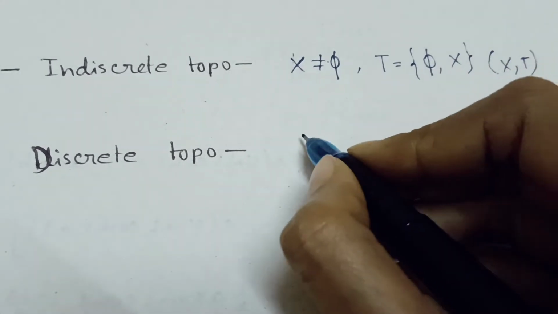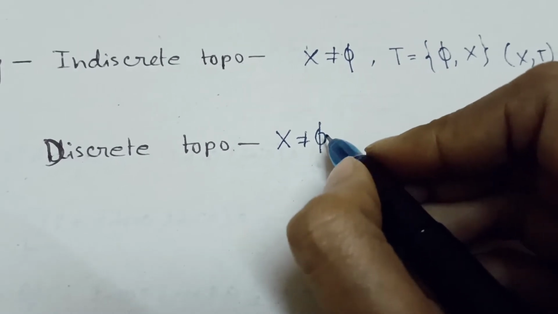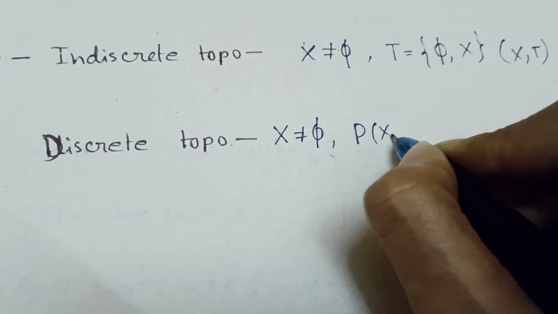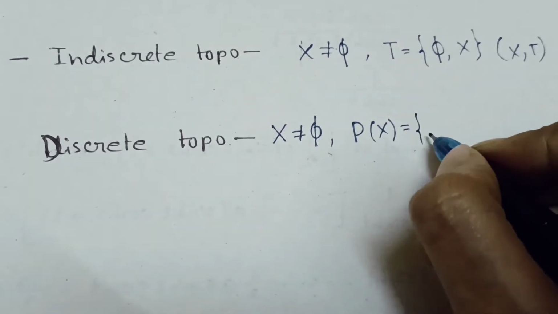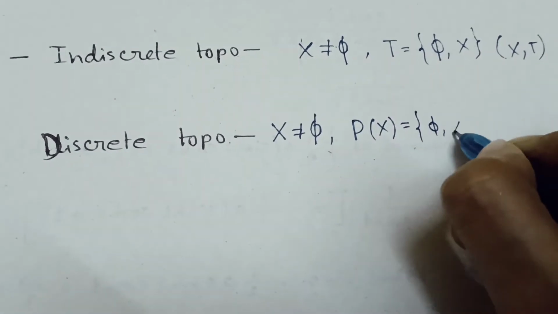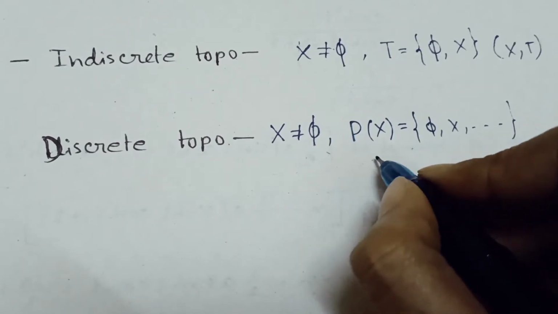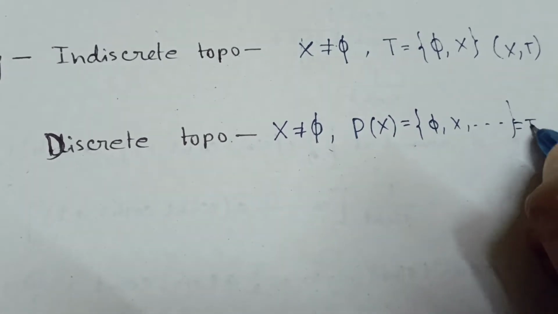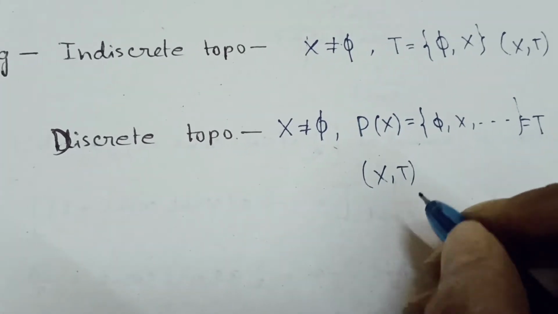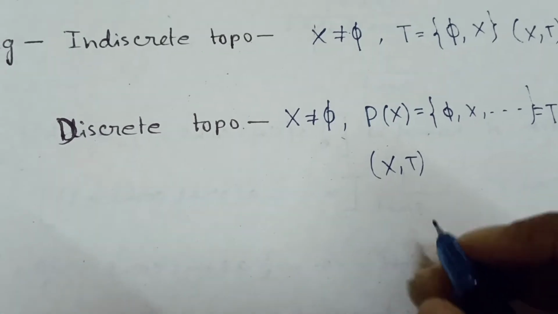For the discrete topology, let us take any non-empty set X not equal to phi. Then we know that the power set contains all subsets of X, including phi and X itself. If we name this power set as T, then this ordered pair (X, T) forms a topology which is called the discrete topology.